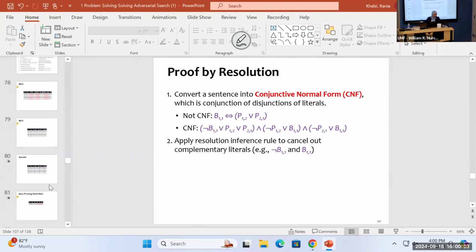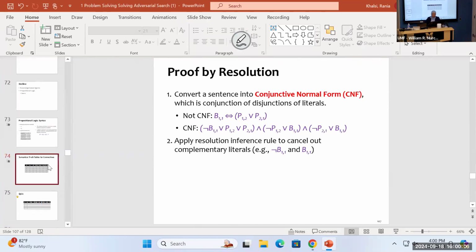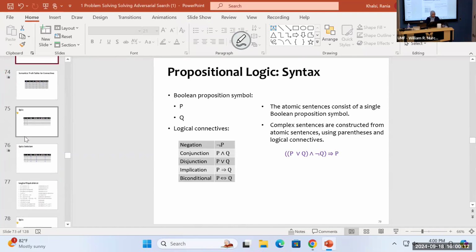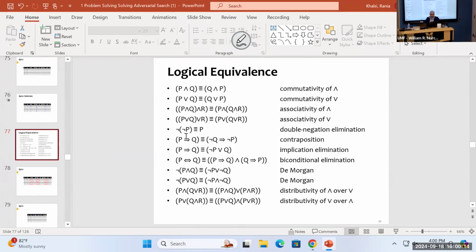Okay, where have we seen that so far? This famous slide. This one, sorry. So where is the implies? This one.